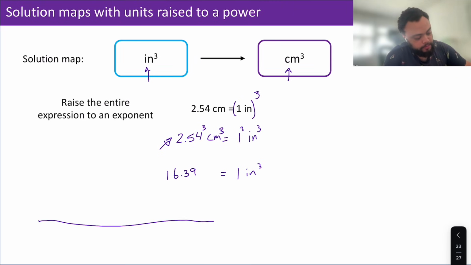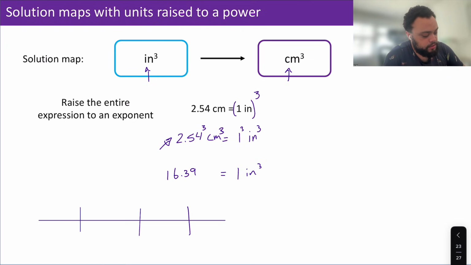You can also do it like this. If you want to make a train track about it, this is maybe not the easiest way because it can get a little confusing, but let's say that we put 3 down. I will put 1 cubic inch on the top left, and I will convert from inches to centimeters 3 times in order to get rid of that inches cubed.